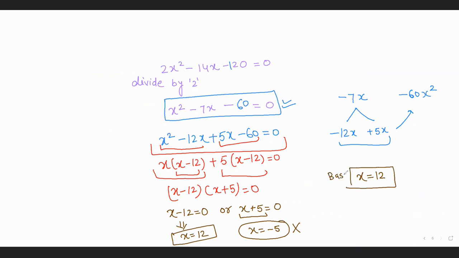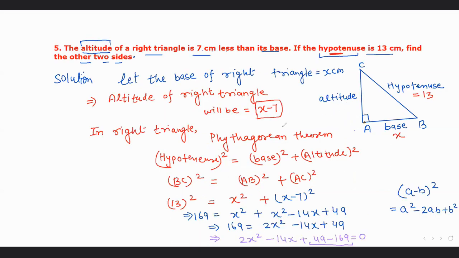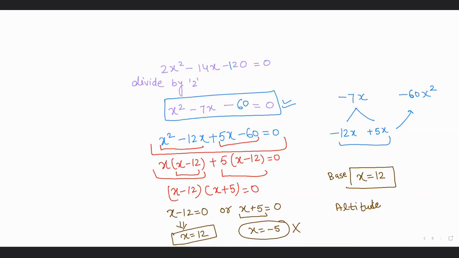And now you can see the altitude that we have considered, that is x minus 7. So the altitude will be 12 minus 7, and it is 5.